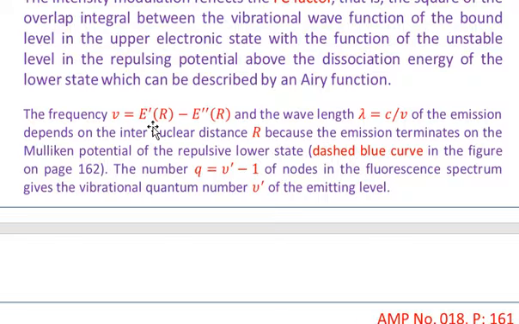The frequency nu, which is the difference between the energy of the excited potential and the energy of the lower ground potential, and the wavelength lambda equal to c over nu of the emission, depends on the internuclear separation R, because the emission terminates on the Mulliken potential of the repulsive state, the dashed blue curve in the figure on page number 162.